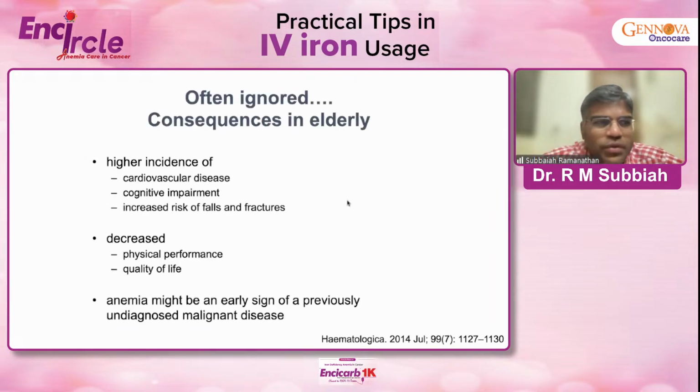The prevalence is very high in our country, commonly seen in school-going children, the elderly, menstruating females, and many other individuals. There are consequences in the pediatric age group: we all know it retards growth, and recurrent infections can happen. In adults, often we don't take care, especially in the elderly, we tend to ignore anemia. So it has a lot of problems.